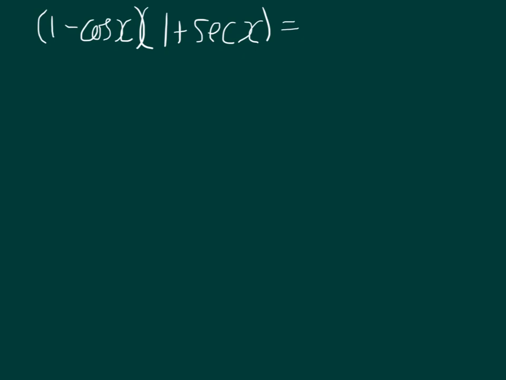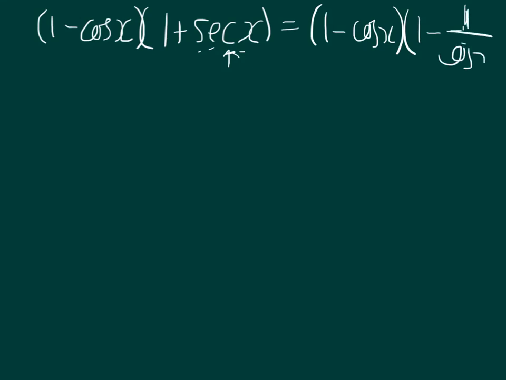Again, pause the video, have a go yourself, and then watch this after. So we're going to do 1 take cos x, that's going to stay the same, and then we write sec x. We use the definition, third letter rule, that's a c, so it's 1 minus 1 over cos x.